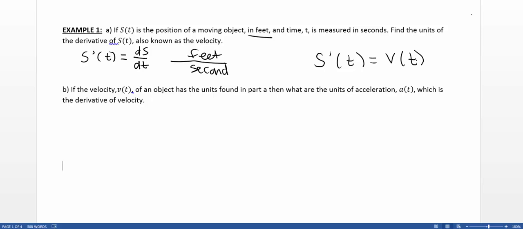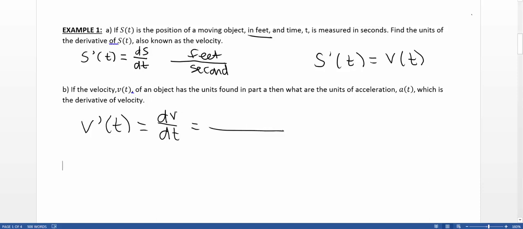Part B. If the velocity, v of t, of an object has the units found in part A, then what are the units of acceleration, a of t, which is the derivative of velocity? So again, let's start with some notation. We're looking for the derivative of velocity, which in Leibniz notation would be dv dt here, because v is now our dependent variable.